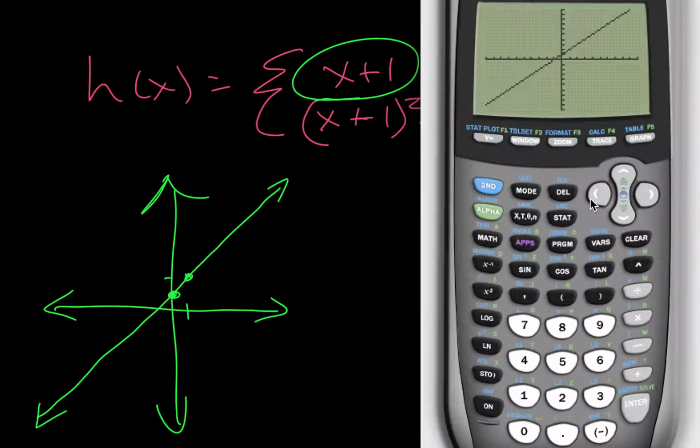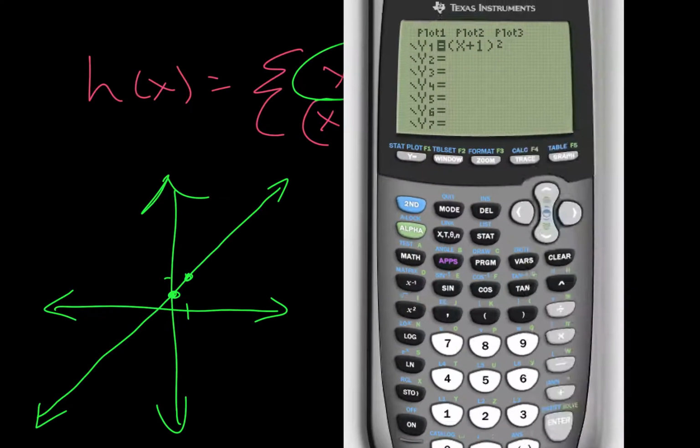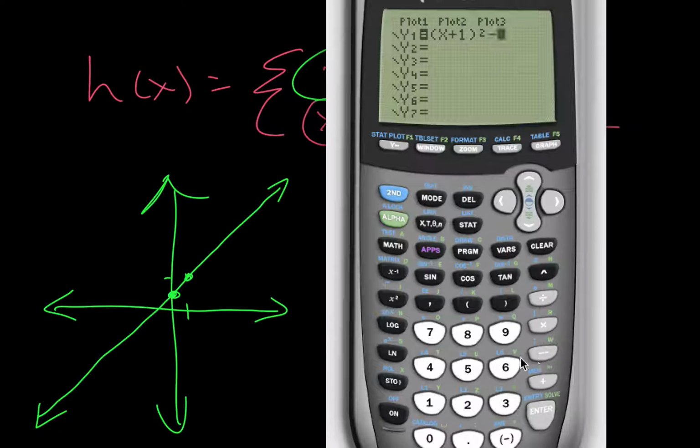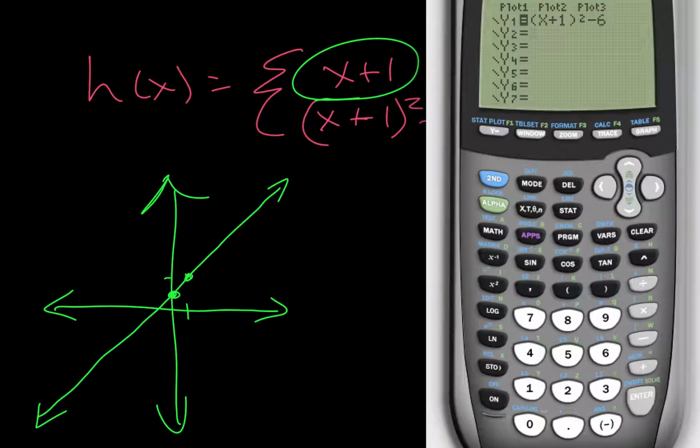Now, if we go back, we can graph the next one. So parenthesis, x plus 1, squared, minus 6, and graph that.